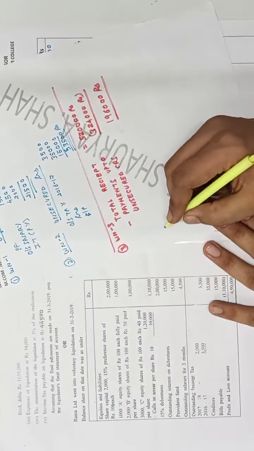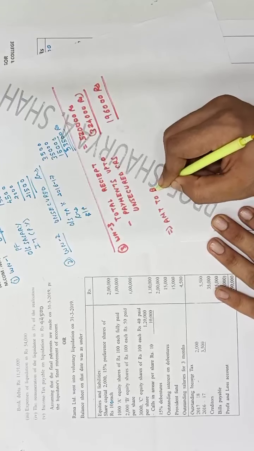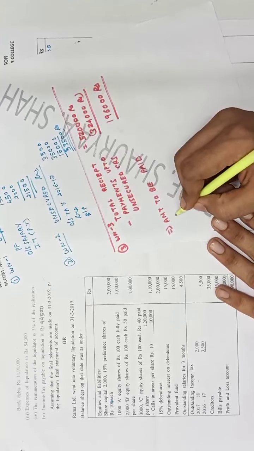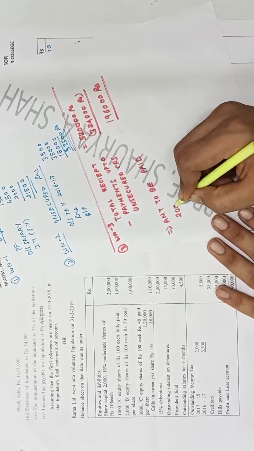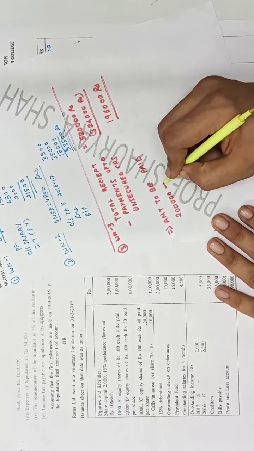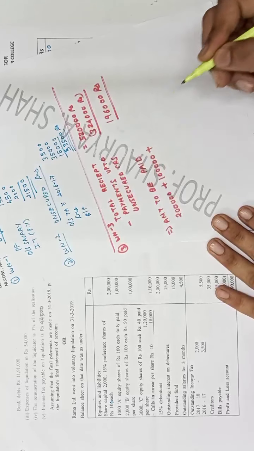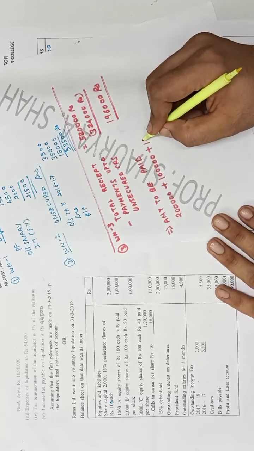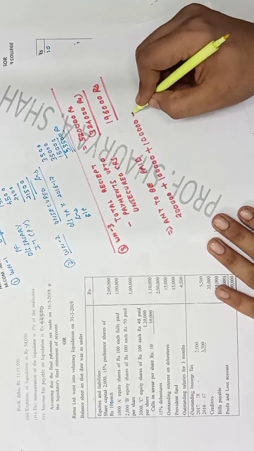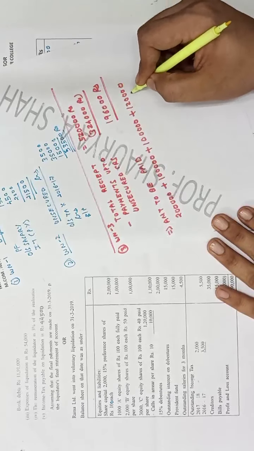So please write down, amount to be paid includes your 2 lakh rupees of preferential capital, right, plus 1 lakh rupees of A type equity shares plus 1 lakh rupees of B type equity shares plus 1,20,000 of C type equity share, right?